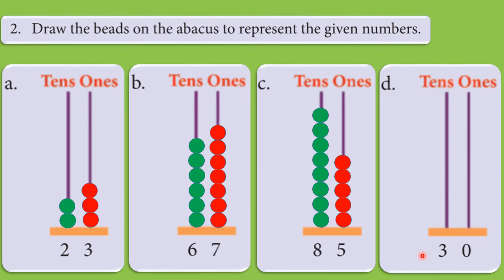Therefore, we have to draw 3 beads on tens place rod. 1, 2, 3. And no beads on ones place rod. This represents the number 30.